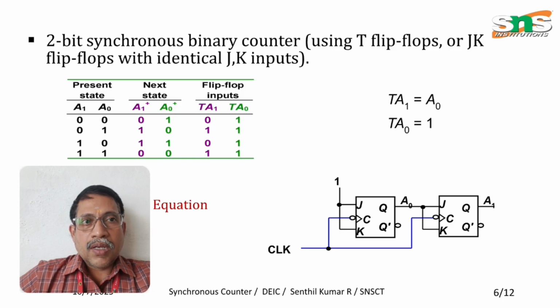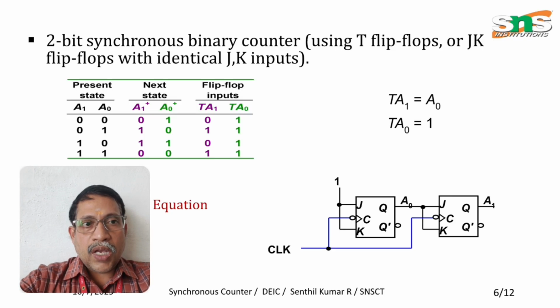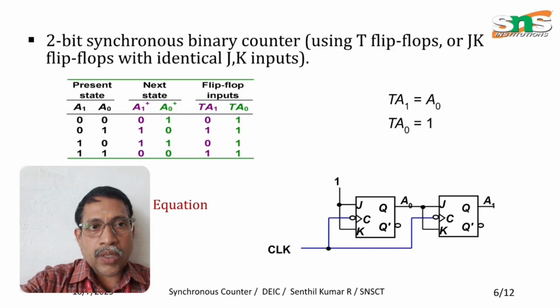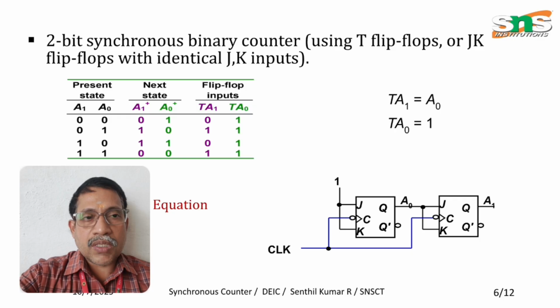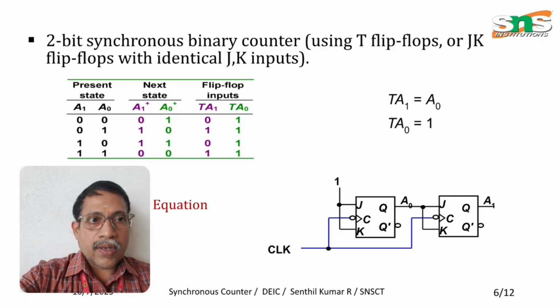And see, since TA0 equals 1, the J and K terminals are joined together and the supply voltage 1, that is plus VCC, is given here. And TA1, for the second flip-flop, is A0.